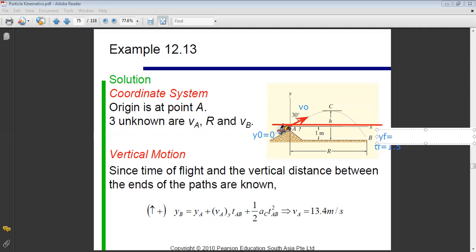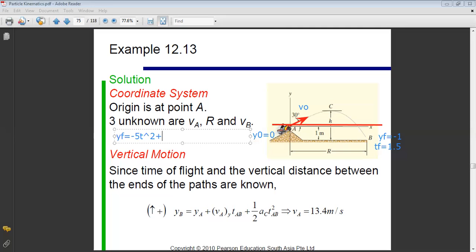Since you know everything about Y, you should think of using the Y equation. It will tell me that Y final is equal to -5t squared. The only thing that I don't know is V0Y.